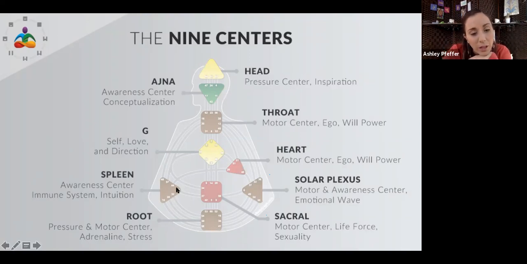And then we talked about the splenic, so intuition, immune system, fears. Sacral is your engine in your car, and it's about life force, sexuality. It's what gives you the energy. If you can think of the root as the gas in your car and the sacral as the engine, that's what's going to drive you.